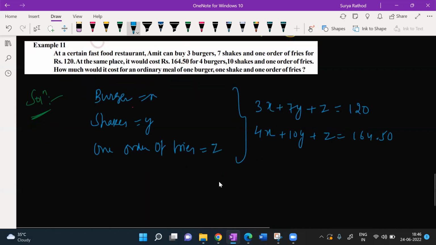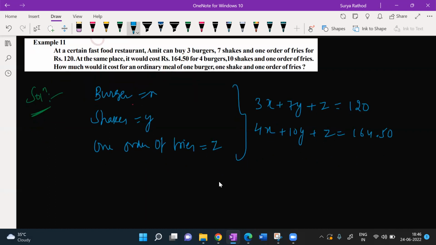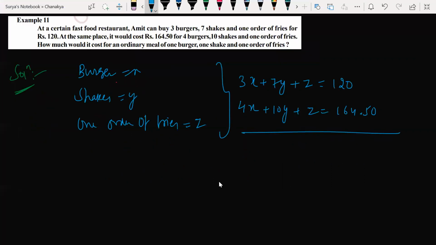So solving this, subtract this: minus X minus 3Y is equal to how much, beta? Minus 44.5. Yes, so X plus 3Y is equal to 44.50.